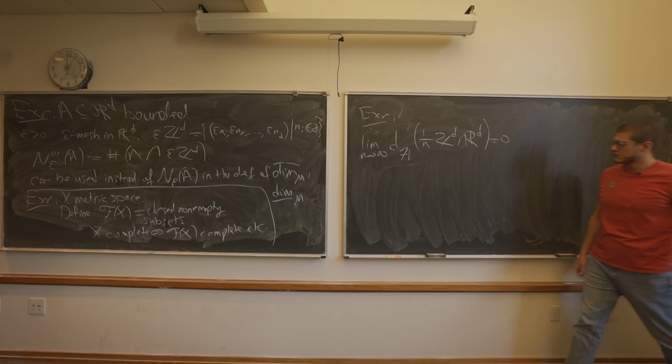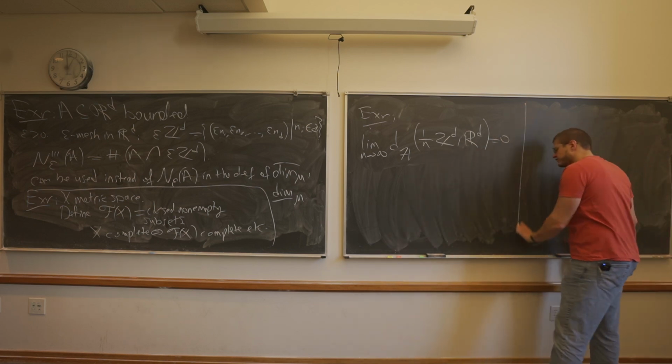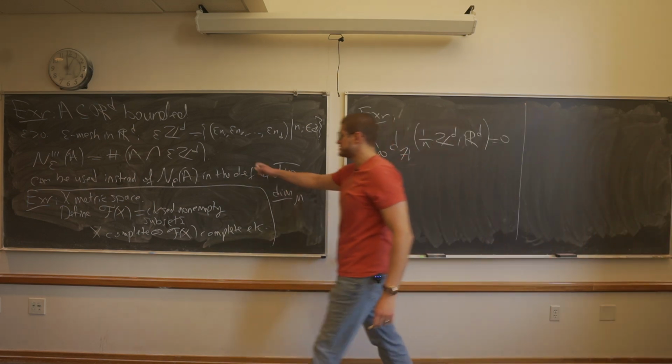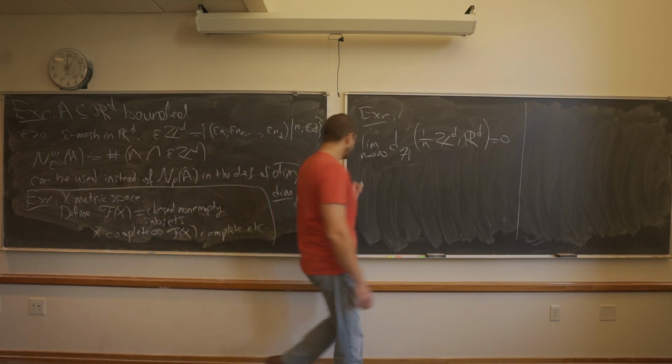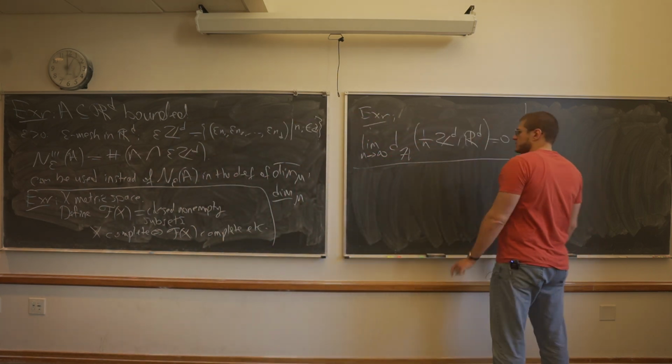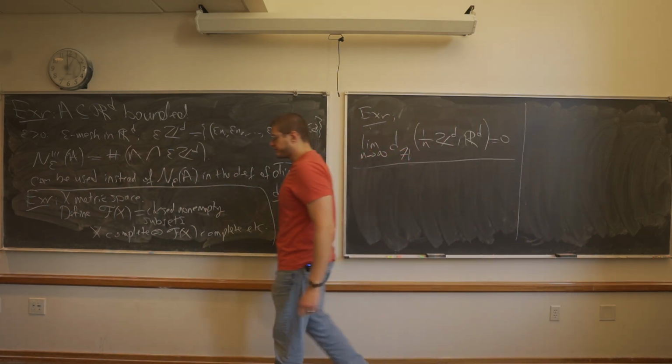Okay? And so based on this, here's an attempt to generalize this box dimension, or this characterization of Minkowski dimension using boxes, to arbitrary metric spaces. What I need to do is something like this.